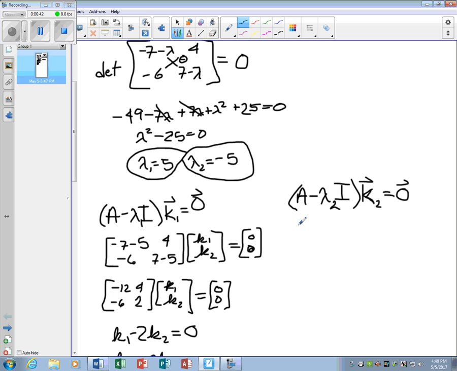Okay, same process here. Plus 5, because it's a negative, negative, negative, plus 4, negative 6, and then because it's plus again, so 7 plus 5.